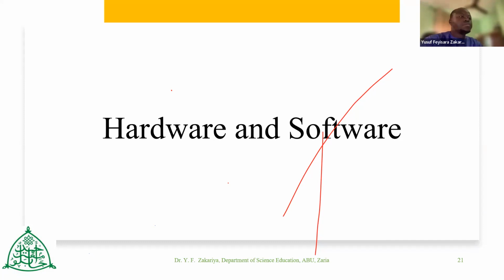Breakout rooms. Again, I must mention that when you are assigned to a group, it is a responsibility to join the group that you are assigned to. This is very important. Join the group and participate in the group discussion. Good.